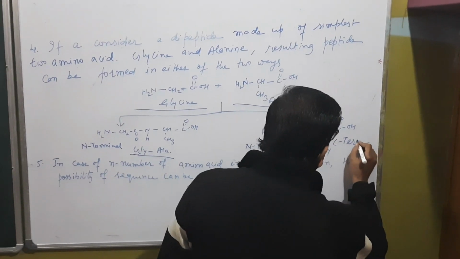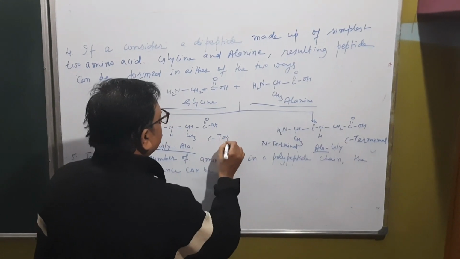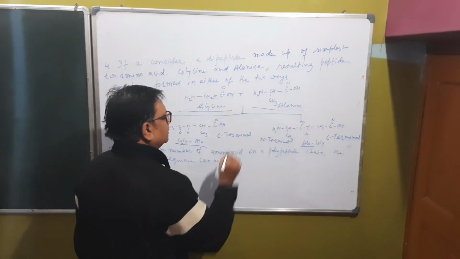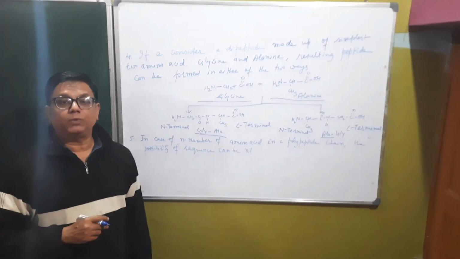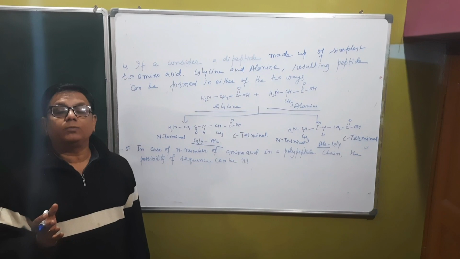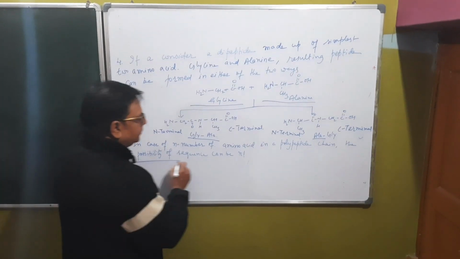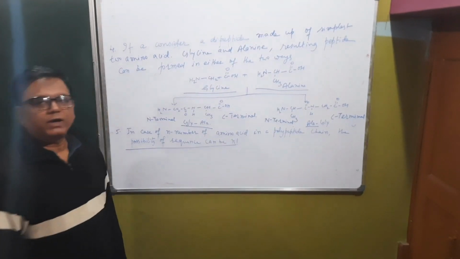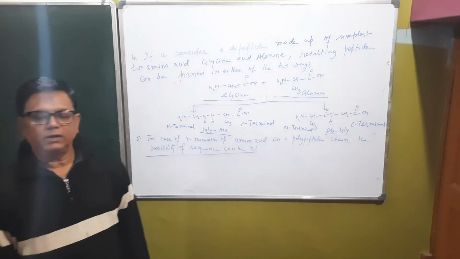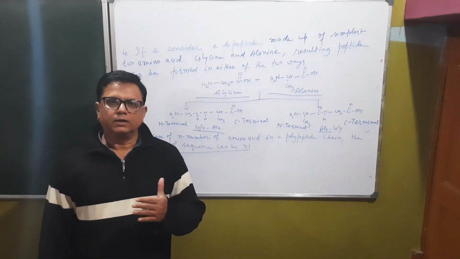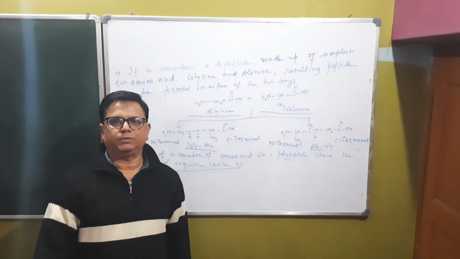Obviously, this is when you have only 2 amino acids. So what will be the case when you have a polypeptide having n number of amino acids? In that case, the number of possible sequences is factorial n. That is, a huge number of possibilities as the number of amino acids increases in a polypeptide.